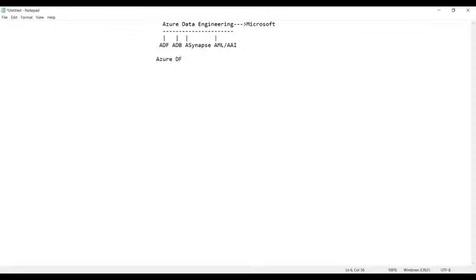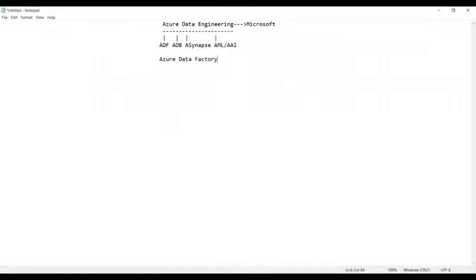You must interact with me, that's better. Under Azure data engineering, we have ADF as a service. ADF stands for Azure Data Factory.